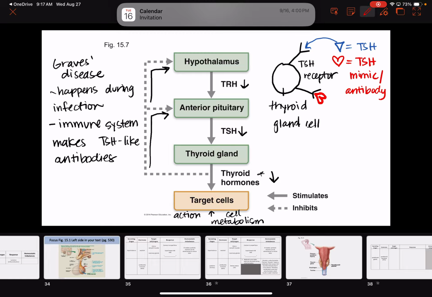However, if you have this TSH mimic floating around that looks like TSH, acts like TSH, it can continue to bind to those thyroid gland cells and have them continuously produce thyroid hormone even when we don't want it to, right? So we have mechanisms to keep thyroid hormone down, but if we have this little imposter that's stimulating the thyroid gland all the time, it's still going to produce thyroid hormone, and our levels are going to be way too high. Okay. Does that make sense to everyone?